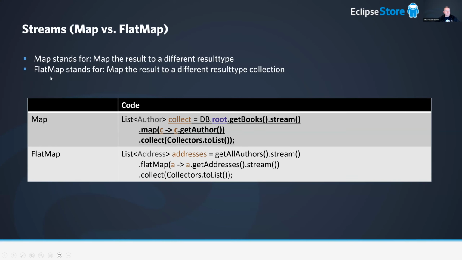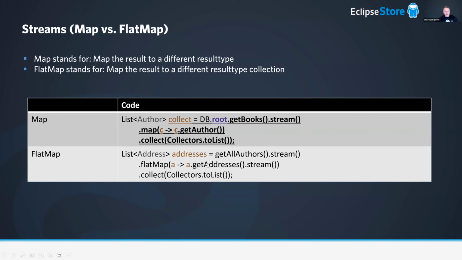mechanism, and the flat map is quite similar, but you will use the flat map always on multiple objects. If there is an additional list within another list, for example, here we have all authors, we stream through those authors, and then we say, give me just the addresses of the authors.